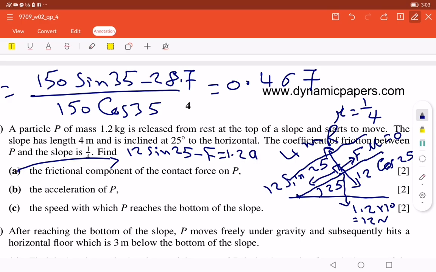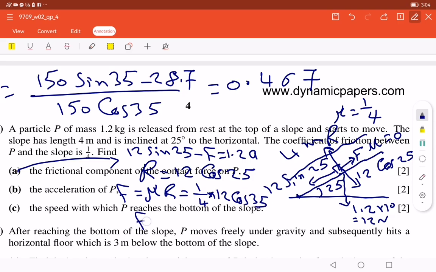But remark, R equals 12 cosine 25. And F equals mu R, which is equal to a quarter multiplied by 12 cosine 25. So F equals 3 cosine 25.